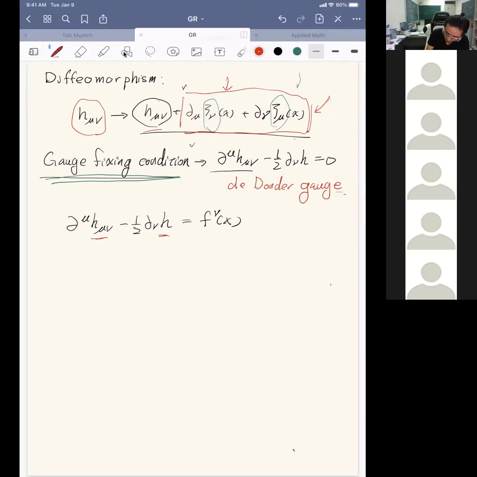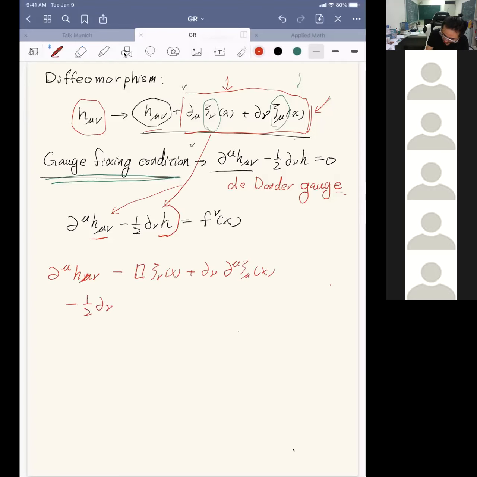So let's do it. Now if I plug this transformation into my h, I'm going to get partial mu h mu nu minus box xi nu plus partial nu partial mu xi mu, minus a half partial nu h.